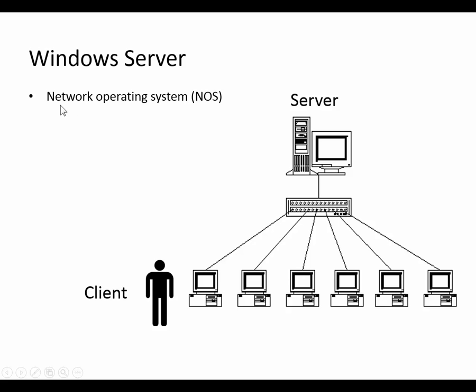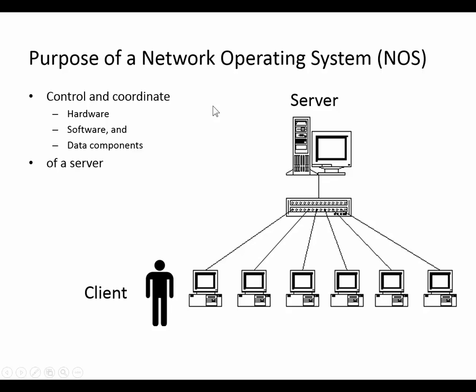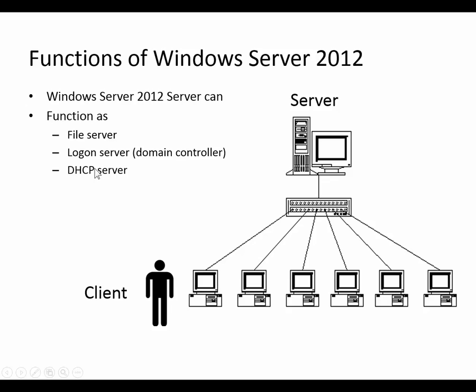Windows Server is a network operating system. And the purpose of a network operating system is to control and coordinate the hardware, software, and data components of a server. Windows Server can function as a file server, or a domain controller, or as a DHCP server.